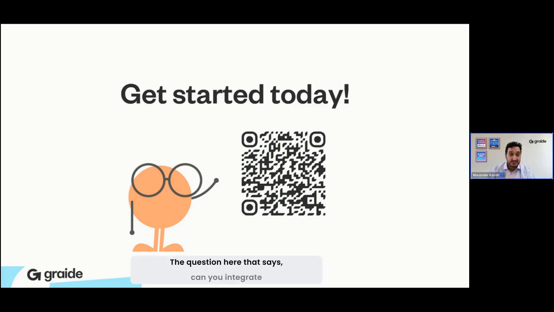The question here says, can you integrate the solution into other systems, or does it have to be uploaded into another system? So right now you do have to upload your answers into Grade. That is currently how it works. However, we do integrate with most learning management systems.